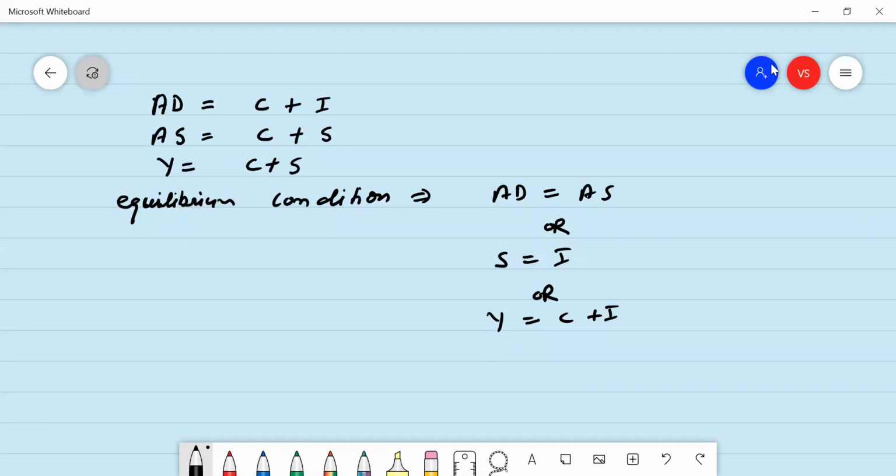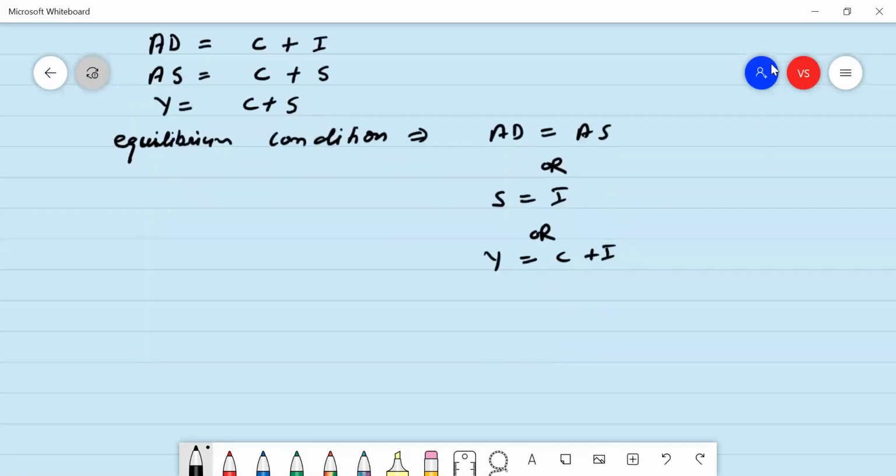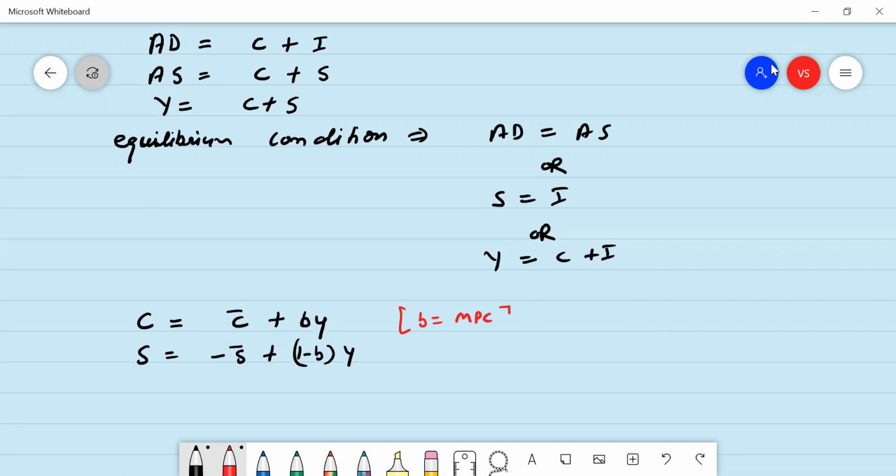And further, I also explained to you that the consumption function equals C bar plus bY, and the saving function equals minus S bar plus (1 minus b)Y. And here b refers to MPC and 1 minus b refers to MPS.